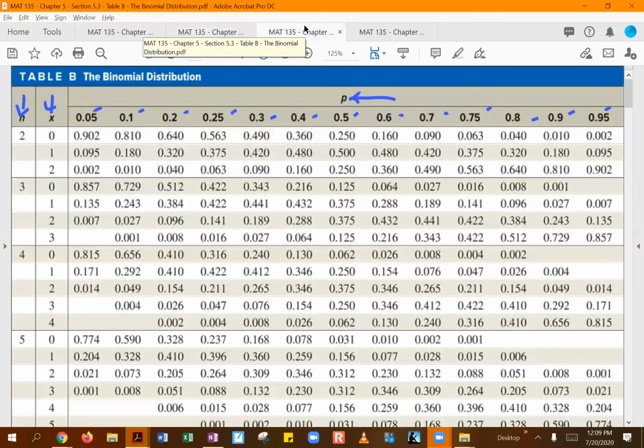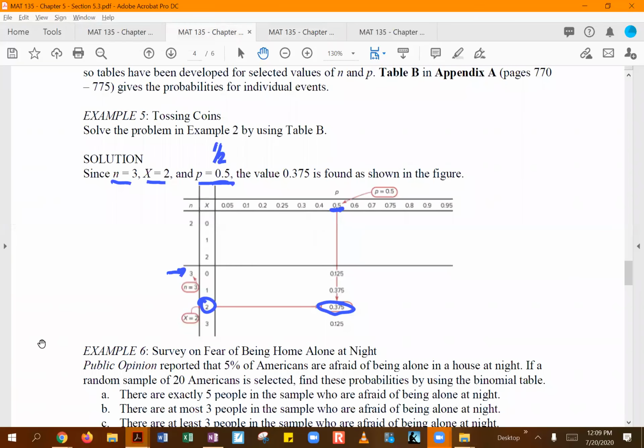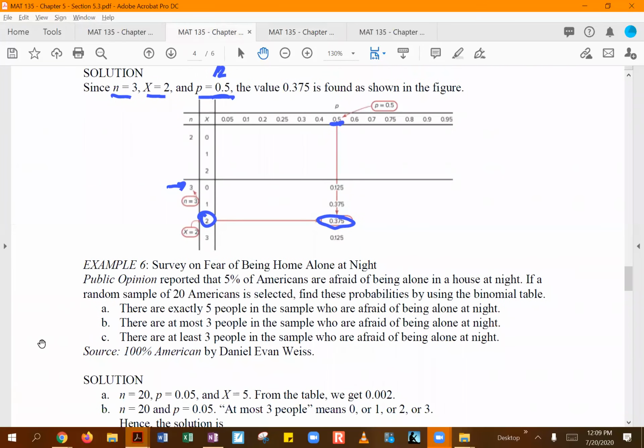Look at the table: our n value is 3, x value is 2, probability is 1/2 or 0.5. And you can see when those rows and columns meet, you are at that 3/8 or 0.375 value. So obviously for this example, you can use the table.